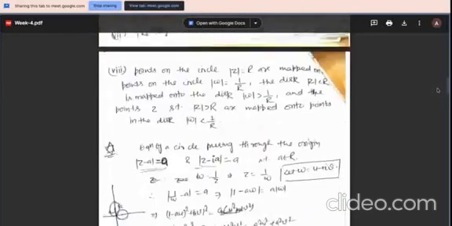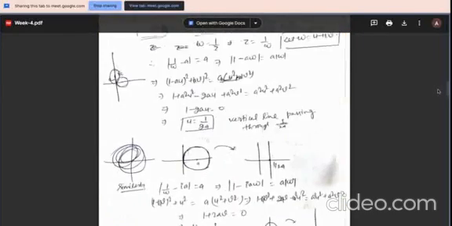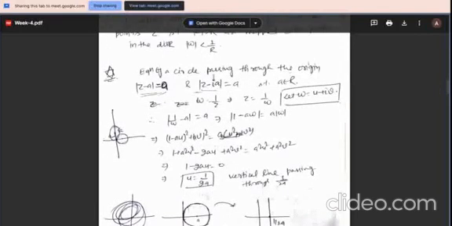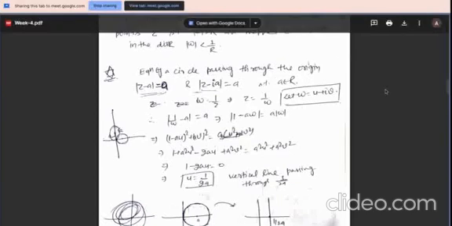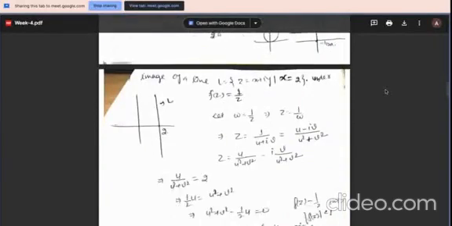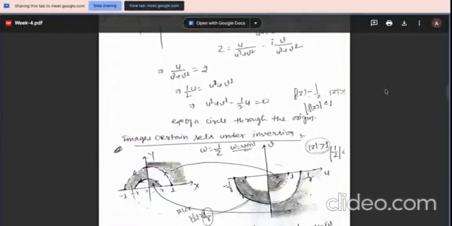This is kind of an equation of a circle passing through the origin. So what would be the image of these things under the function 1 by z? This is just mere calculations. All these things I will upload.